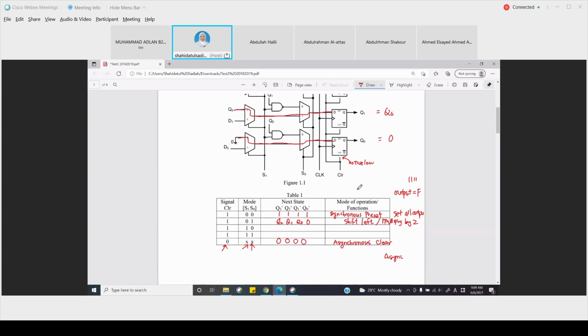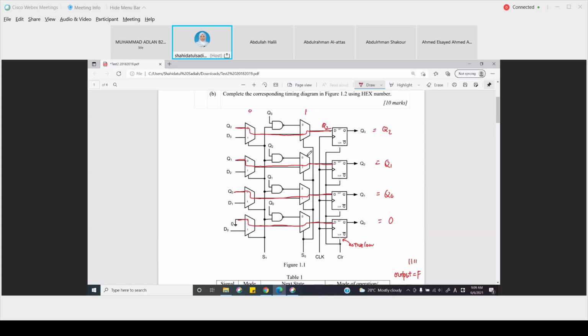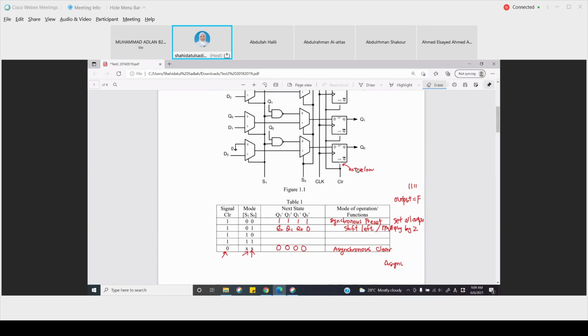The circuit probably looks intimidating for some of you, but it's actually not that hard. It's very simple. You solve one flip-flop here, and then it's the same pattern for all, because they are all connected with the same clock, similar multiplexers, and the same selectors.